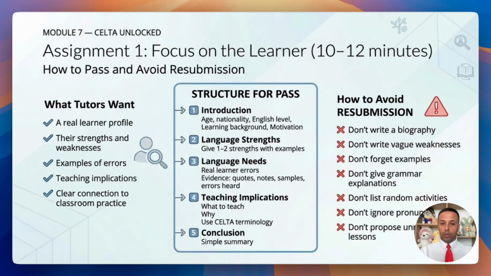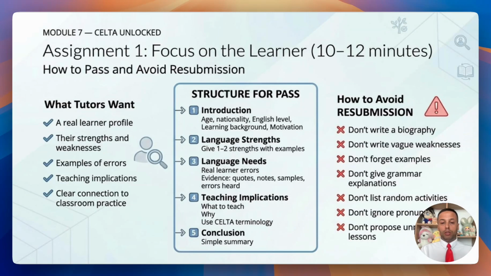As I said, don't write a biography. This isn't their life story. It's a language profile. Don't write vague weaknesses. She needs to improve grammar. This is vague. It's useless. But be specific.